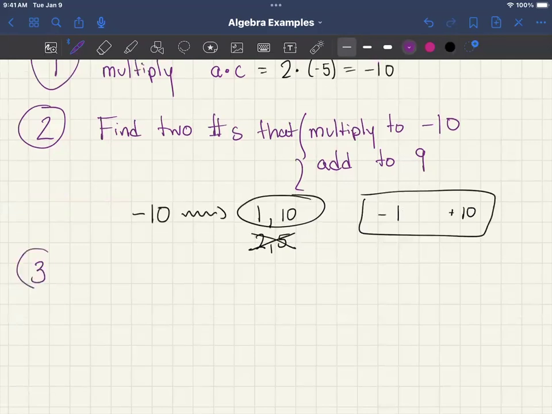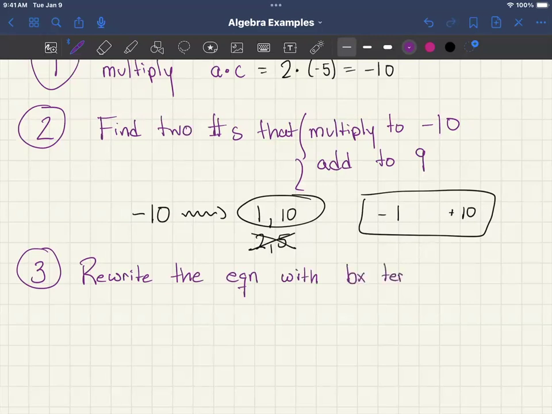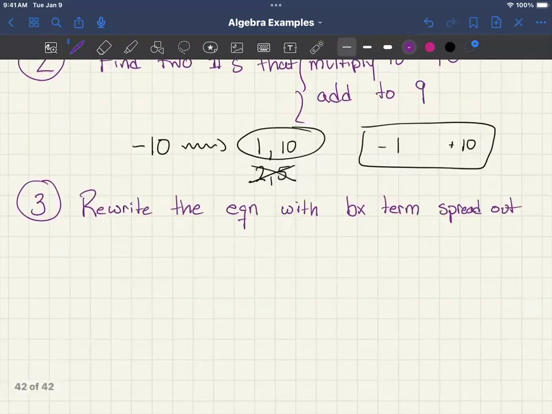Step 3, rewrite the equation. I'm going to use an EQN to abbreviate equation, with our bx term spread out. I don't know how else you want to say that.